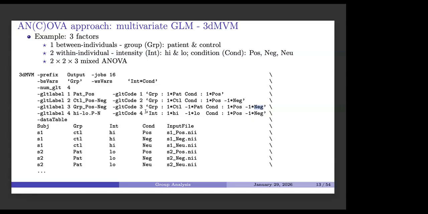So this can be expressed as a t-test, even though traditionally we would treat it as an F statistic. The last one, number 4, is another 2x2, but now we focus on the 2 within-individual factors. For the intensity, we want to compare high and low, and for the condition, positive and negative. So this would be a 2x2 interaction.